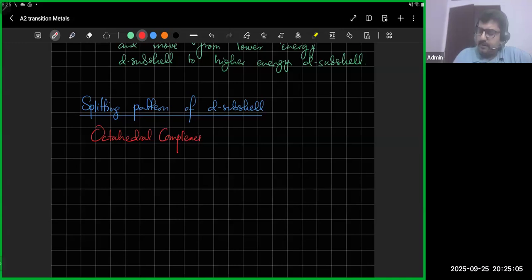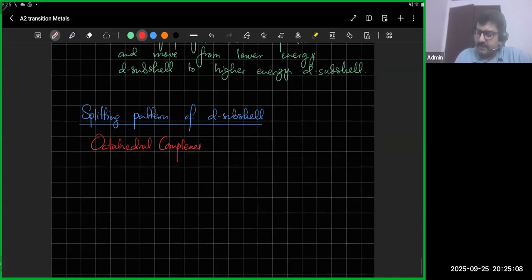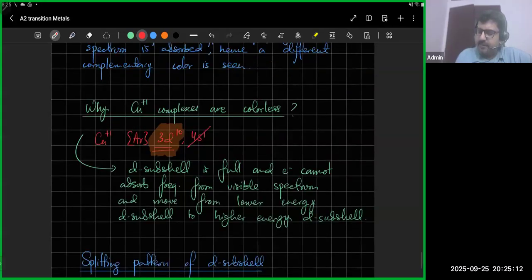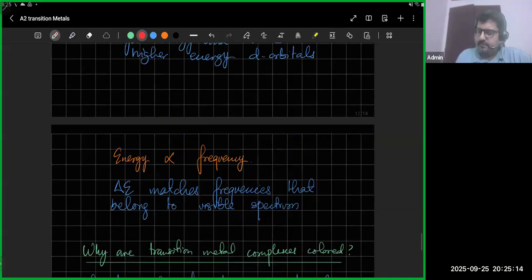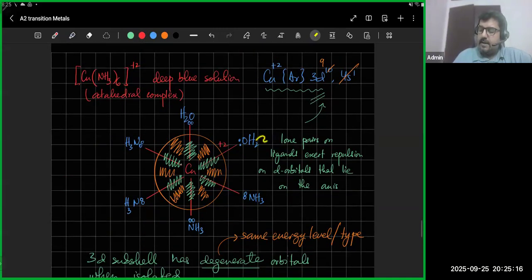Let's look at octahedral complexes. In an octahedral complex, like the one we studied, all the ligands approach on the axis. So it's harder to keep electrons in the d subshell on the axis, in these areas over here.